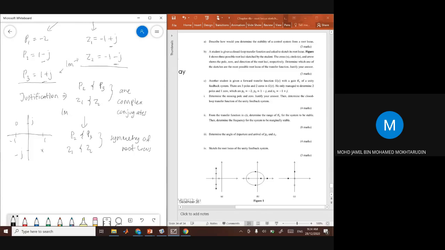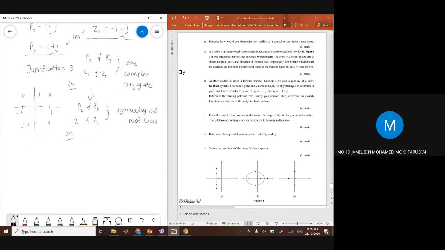So to satisfy the symmetry, you must add 1 zero here and 1 pole here. So if you answer the second answer here, you also get 1 mark. Either one gets 1 mark.